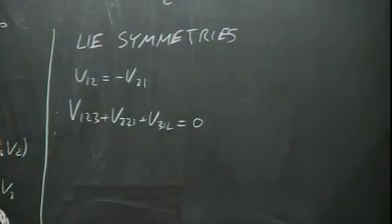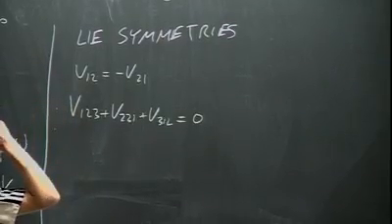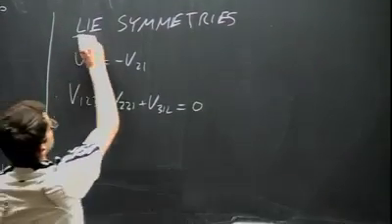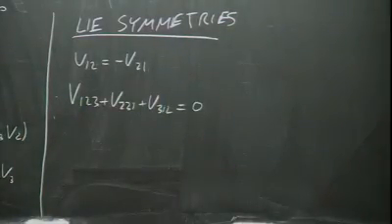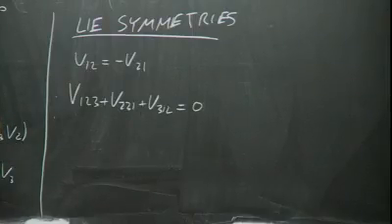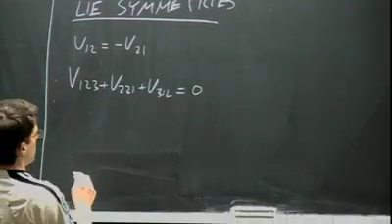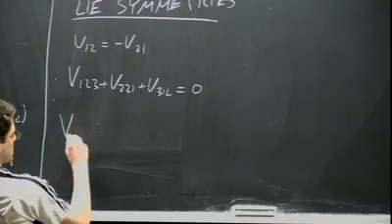There are other identities. So the fact that these guys satisfy Lie symmetries suggests that we should try to come up with a convenient notation to make these symmetries manifest.